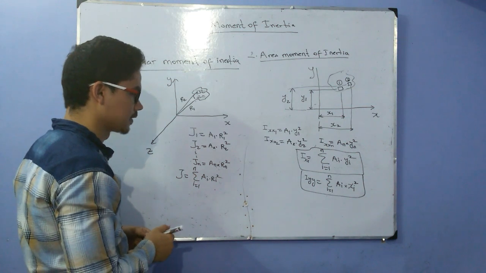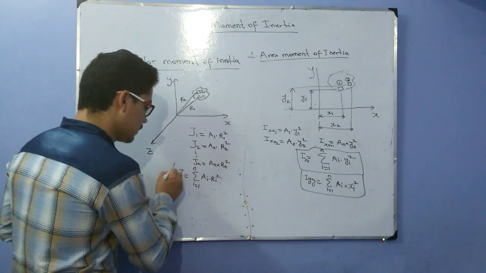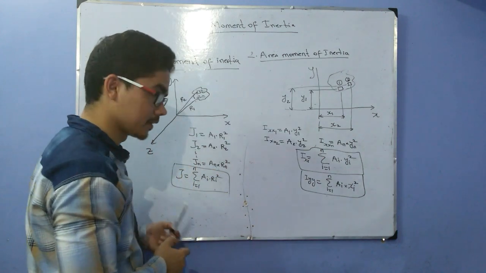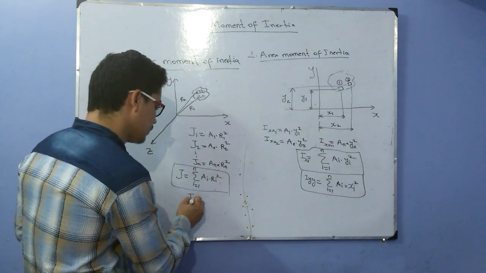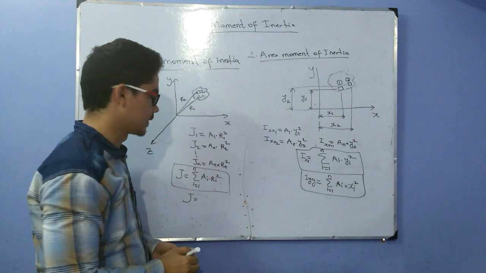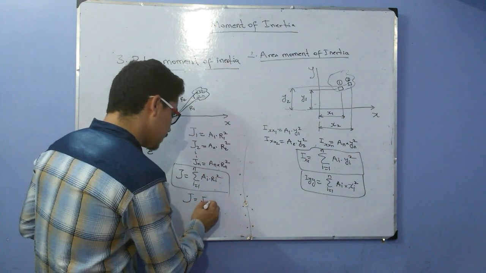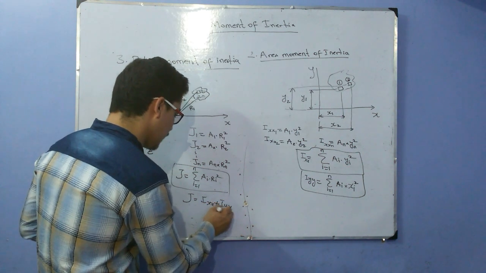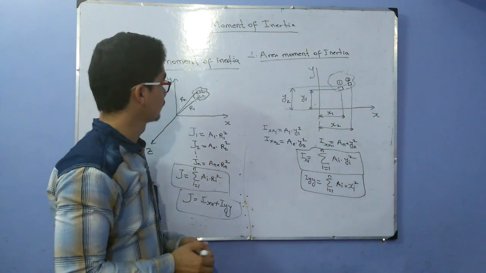This is called the polar moment of inertia. And in some derivation, which will be derived in the upcoming videos, the polar moment of inertia, or moment of inertia with respect to z-axis, is equal to the moment of inertia with respect to x-axis plus the moment of inertia with respect to y-axis.